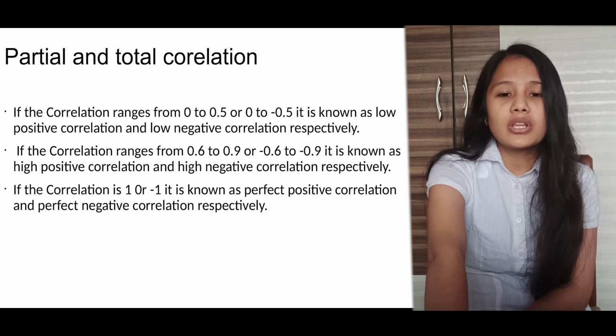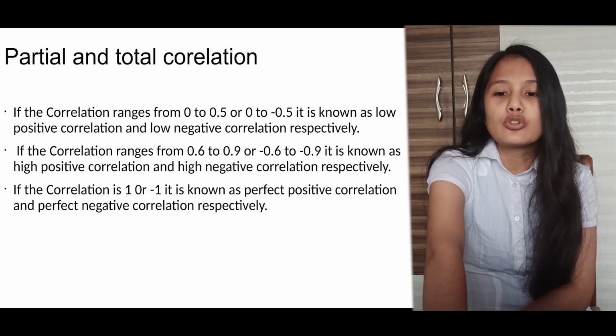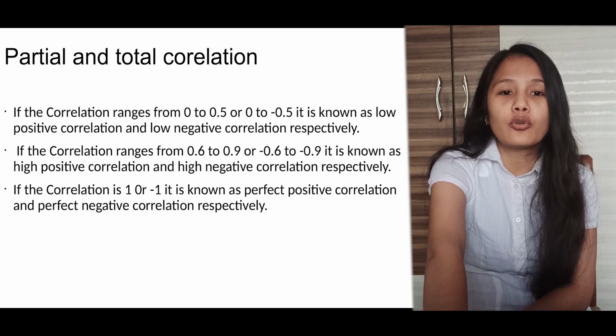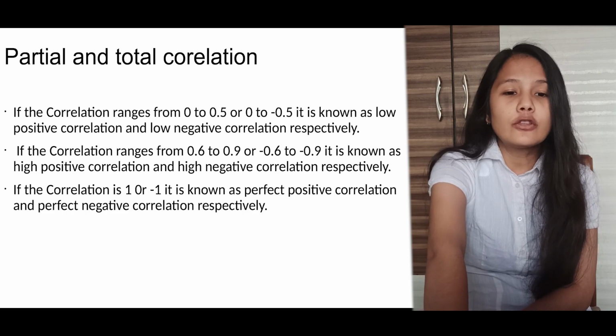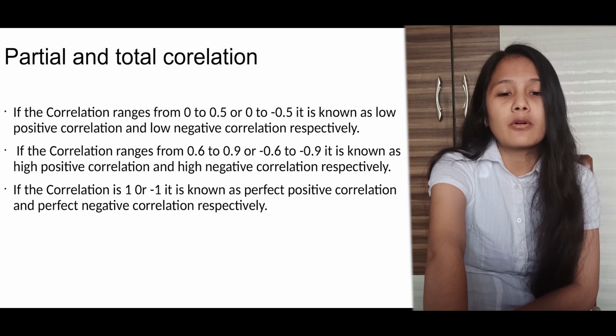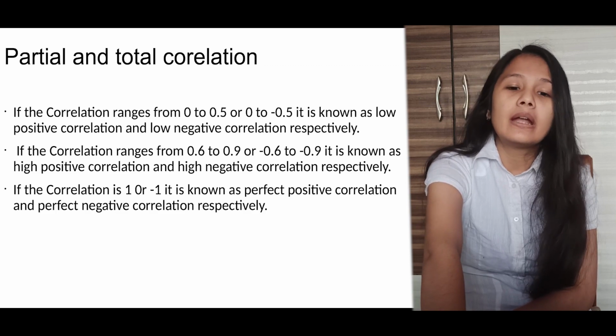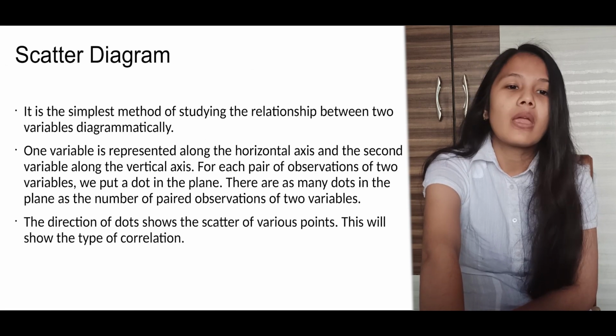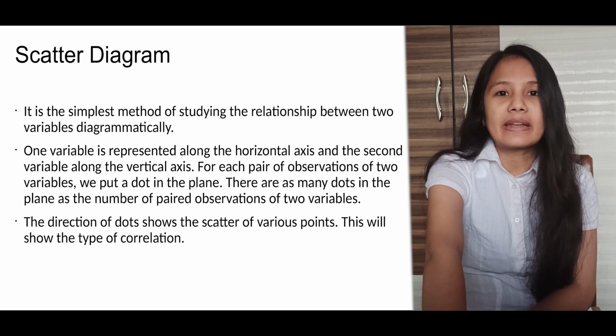If the correlation ranges from 0.6 to 0.9 or -0.6 to -0.9, it is known as highly positive correlation or highly negative correlation respectively. If the correlation is 1 or -1, it is known as perfect positive correlation or perfect negative correlation respectively. Now we are going to talk about scatter diagram.